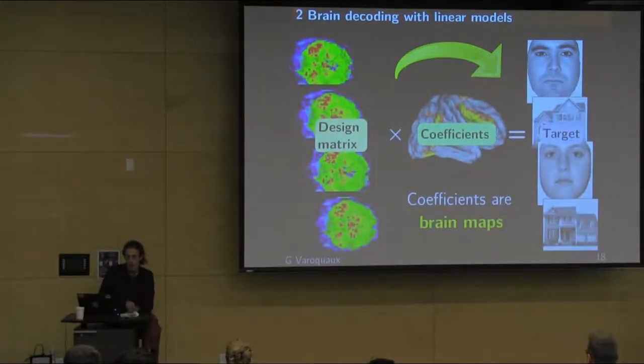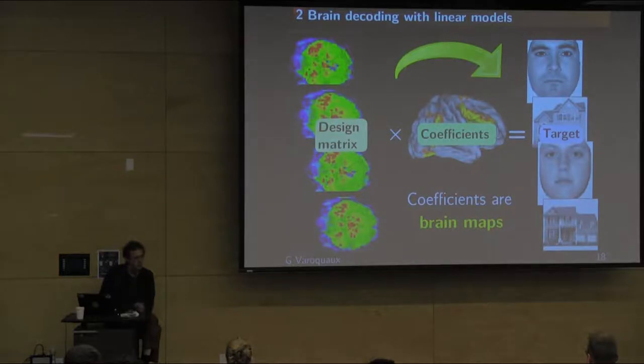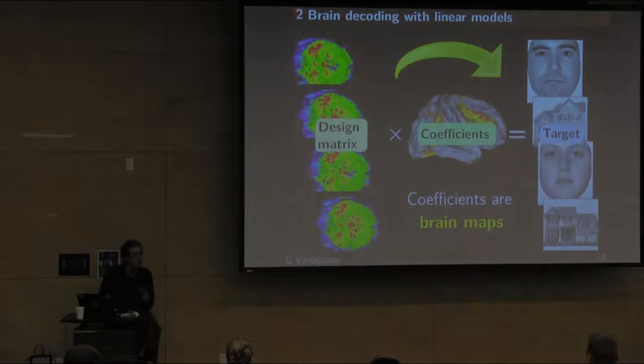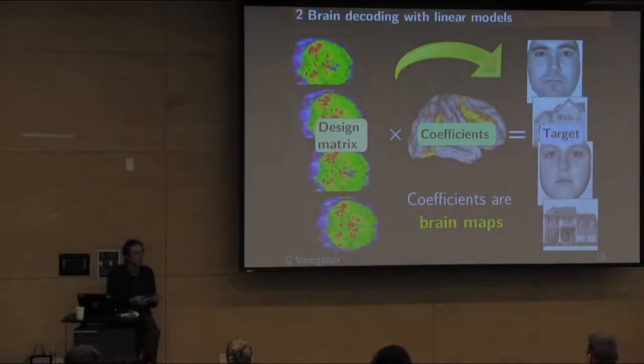We might want to go back to not only prediction, but also finding information on what brain regions support this prediction. And it's the same thing as the answer to the question that someone asked of why not use complex predictive models. We're going to use linear predictive models, so linear decoders. The reason being that what a linear decoder really learns is a set of coefficients that will link brain activity to stimuli, and this set of coefficients is a brain map in itself.